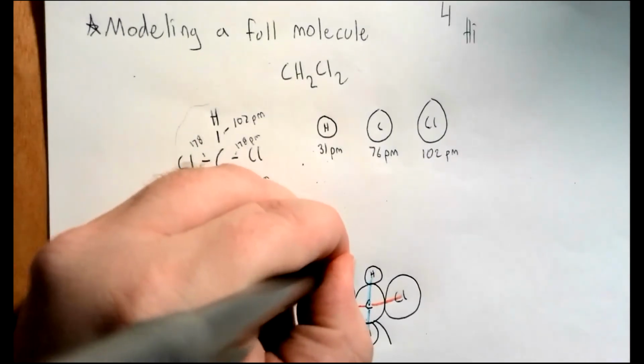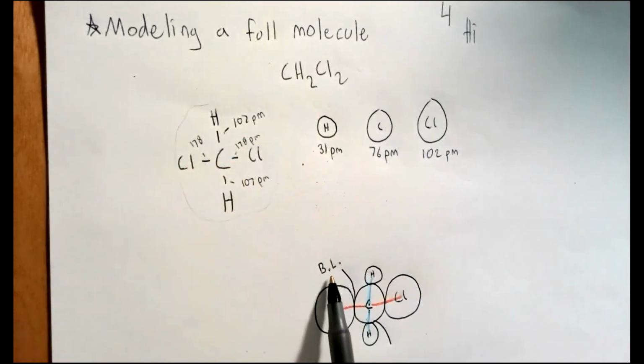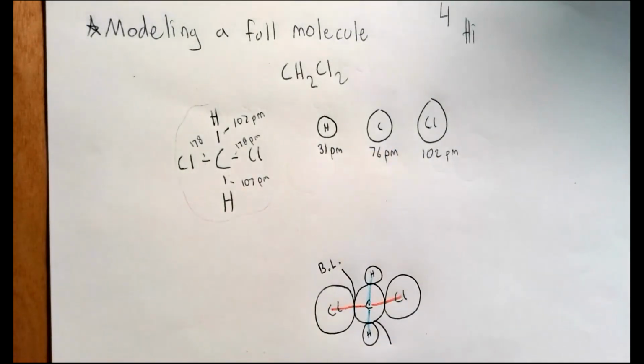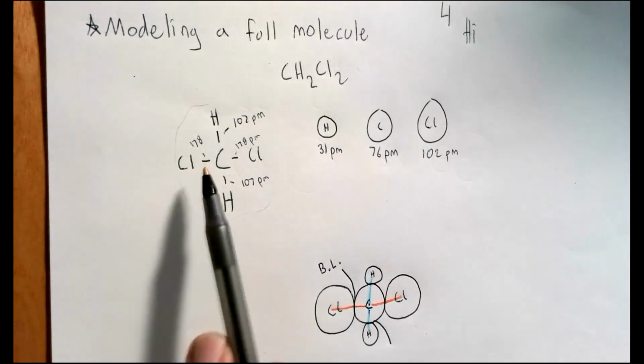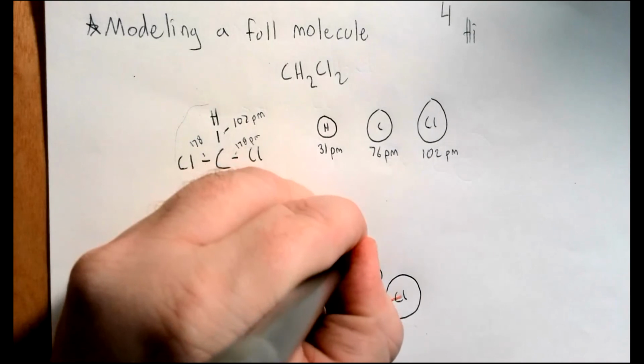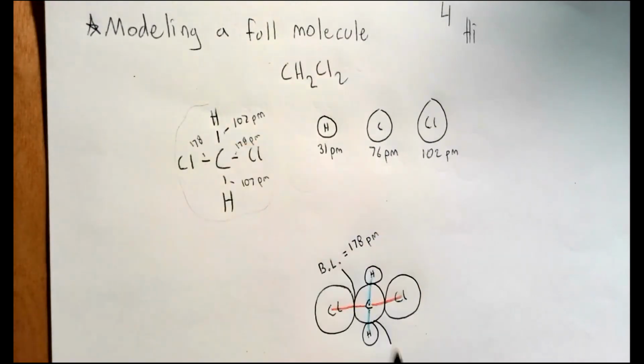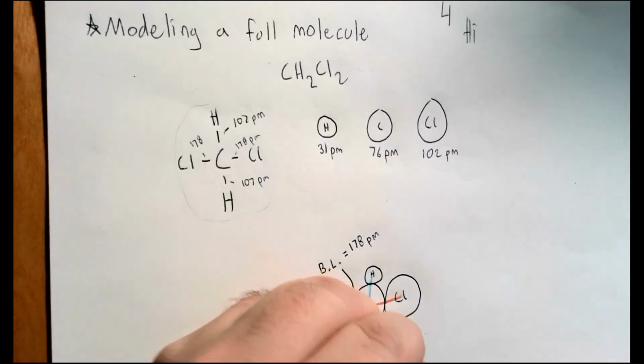Like I said before, we can abbreviate bond length with BL, save some space, make sure it doesn't look so cluttered. So my C to Cl is 178 picometers. And my C to H is 107 picometers.